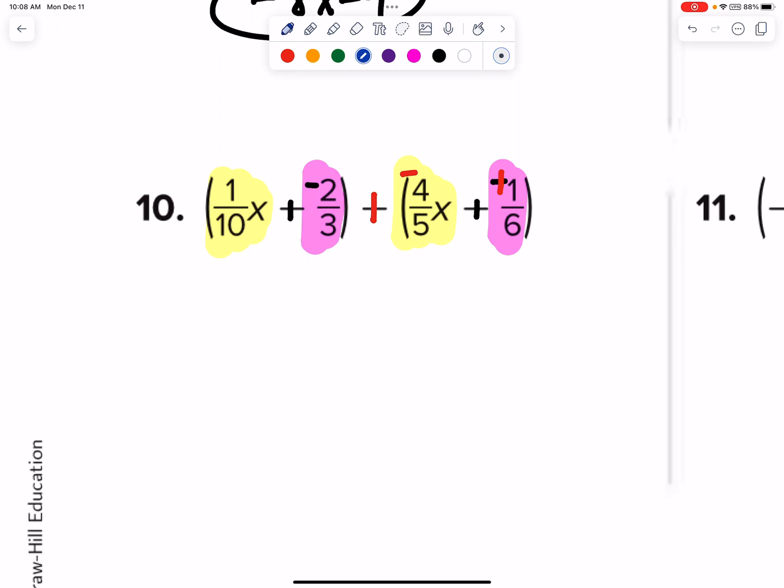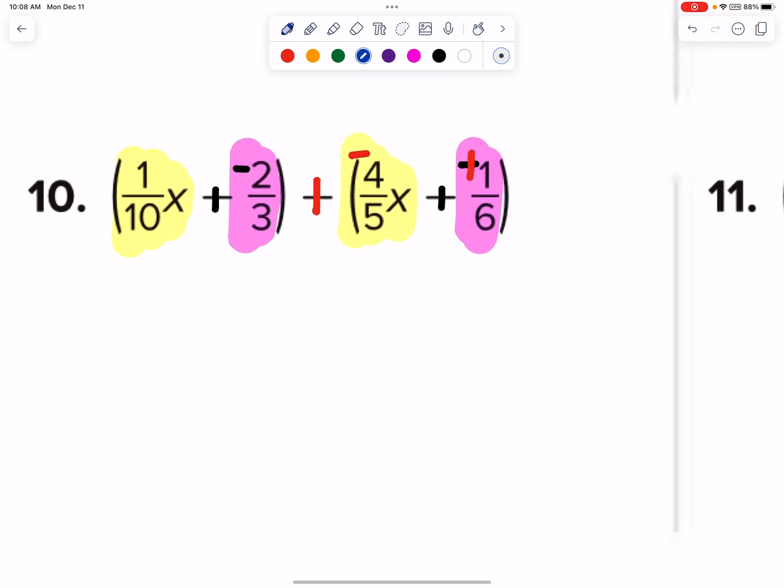So we have a 1/10 x plus a 4/5 x. Obviously, the fifths doesn't say tenths, but we can multiply by 2 over 2. Let me make my pen size a little bit smaller here. And we have negative, don't forget your negative there, negative 8/10 x plus a 1/10 x, different sign subtract, and we end up with a negative 7/10 x plus negative 2/3 plus 1/6.